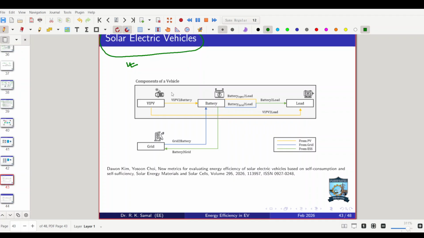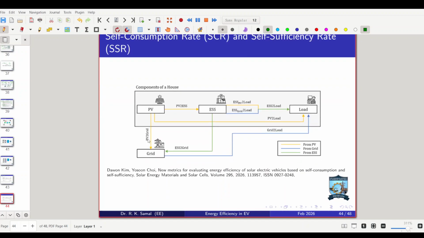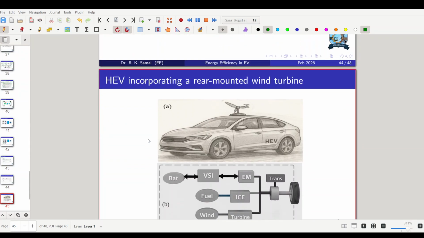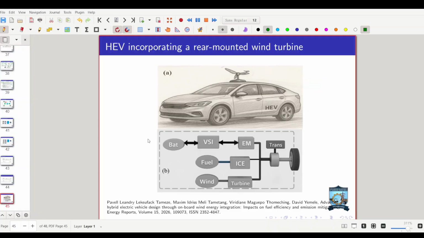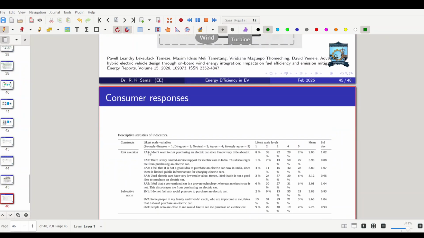Whether this will be practical needs to be found out. You can refer to this paper. Another direction I have seen in research is directly using a wind turbine. They have provided some kind of architecture, but I am not sure how much wind is actually providing for charging. You can go through it.